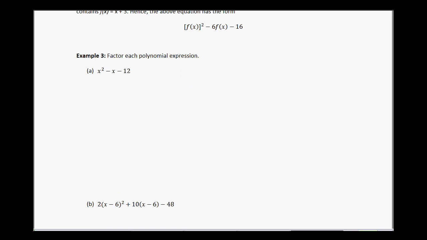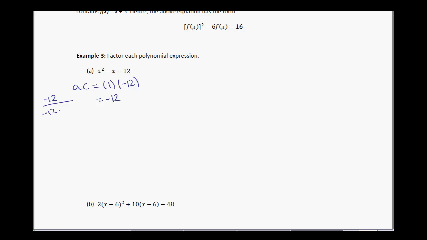Example 3. Factor each polynomial expression. Alright, first thing we need to find is our AC, which is 1 times negative 12, which will give us negative 12. What numbers multiply to get negative 12 and add to negative 1?